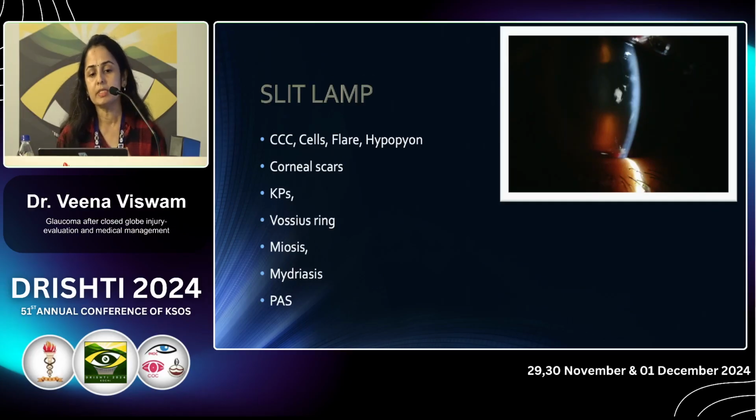Then on slit lamp examination, we can see circumcorneal congestion, sometimes flare, cells, hypopyon. In viral keratitis, if there is associated uveitis, you can see corneal scars. These will rule out causes which may be confused with traumatic uveitis. In blunt trauma, you can mostly see a Vossius ring on the lens.